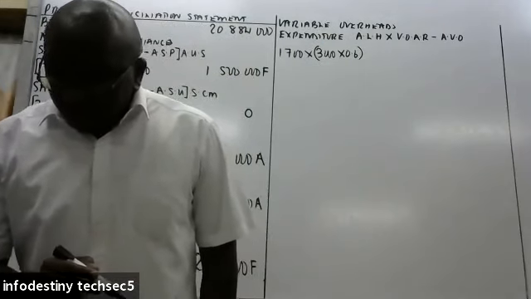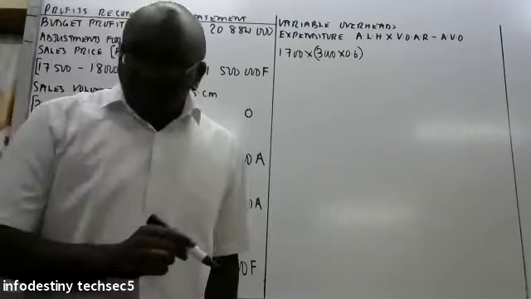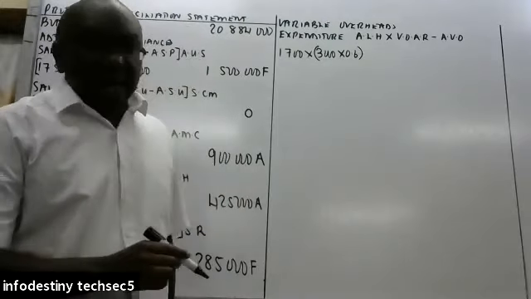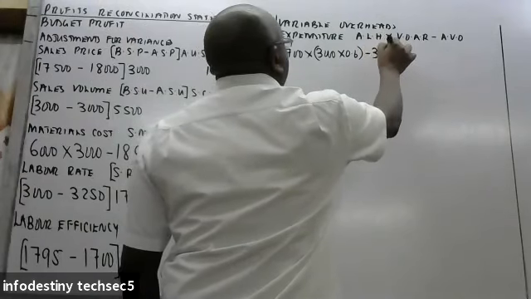And then when you go to the actual results, you find that the actual variable overheads were 3,400,000.